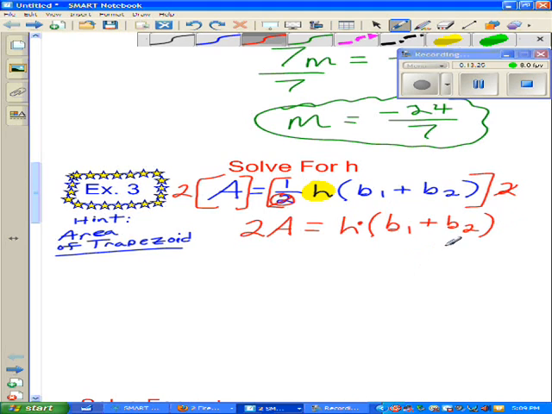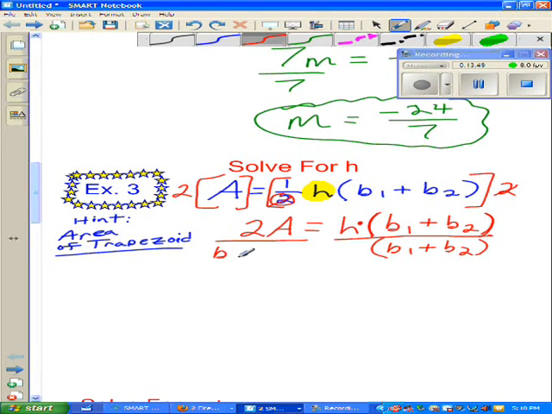Okay. Since h is being multiplied by all this stuff, and all this stuff is in parentheses, to undo that big multiplication there, just like I've done in the previous 2 or 3 problems, I can divide by all of those things in the parentheses. And they will cancel just like all the numbers did in the previous problem.